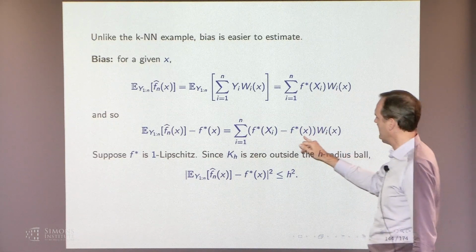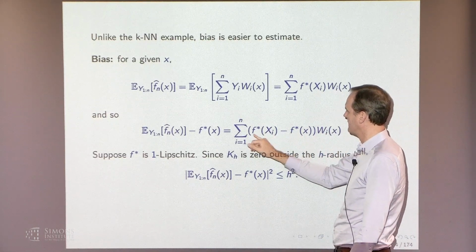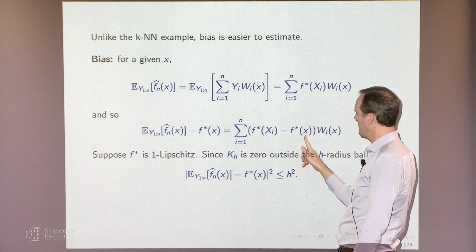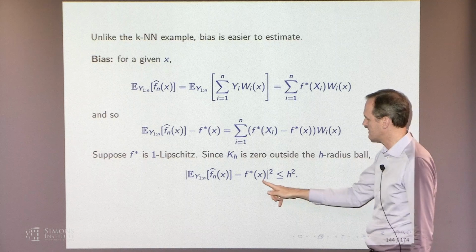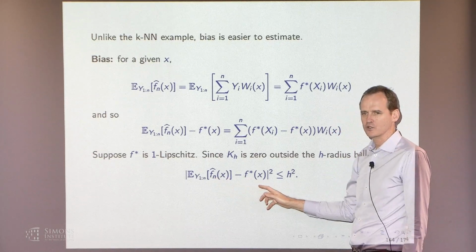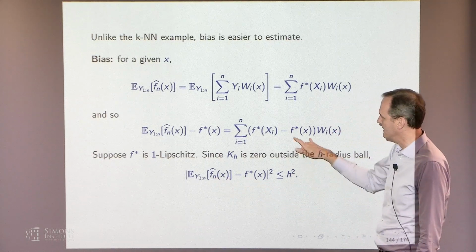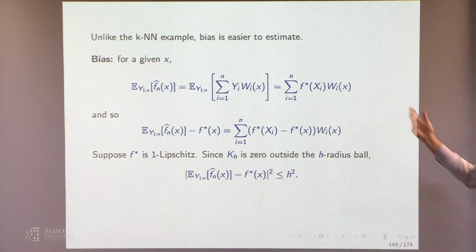And so the biggest difference that f star can have between a point x and a point xi that's no more than h away is h, because it's a one Lipschitz function. So it's h squared that is the biggest squared value of this thing that we can see. All clear? Okay, so that's the bias.